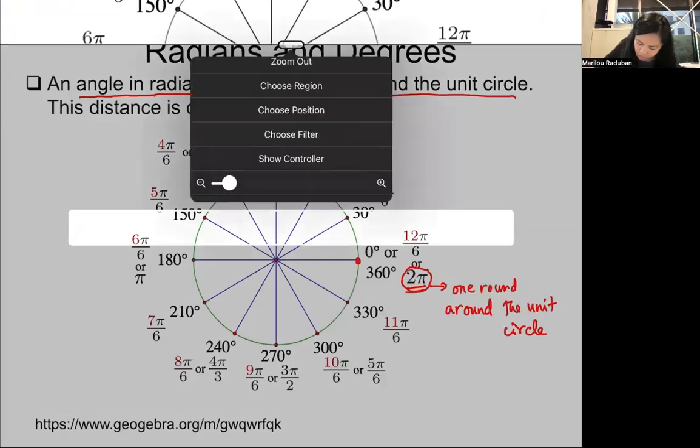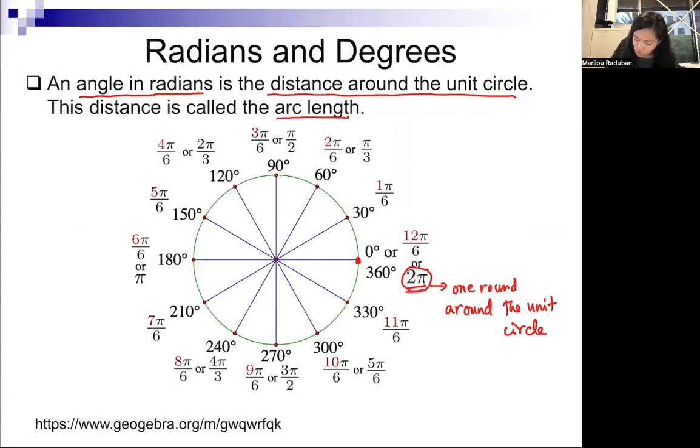If you just go halfway around the unit circle, that will be half of 2 pi. So halfway is pi radians, an arc length of pi. So one round around the unit circle has an arc length of 2 pi, the circumference of the unit circle. Half a round will have an arc length equal to half of 2 pi, which is just pi.